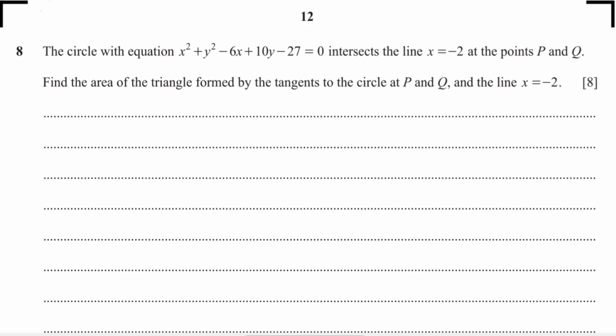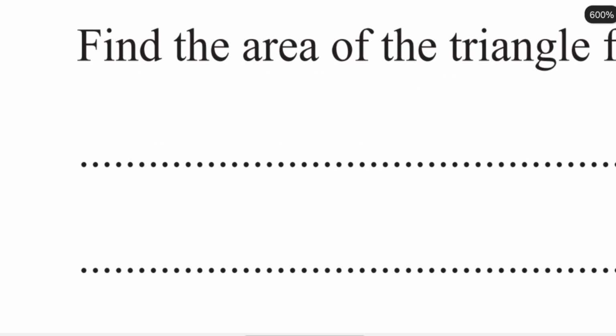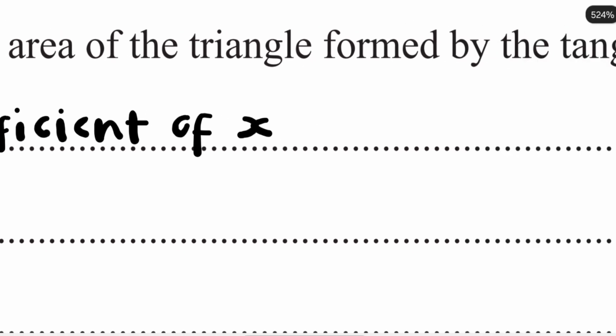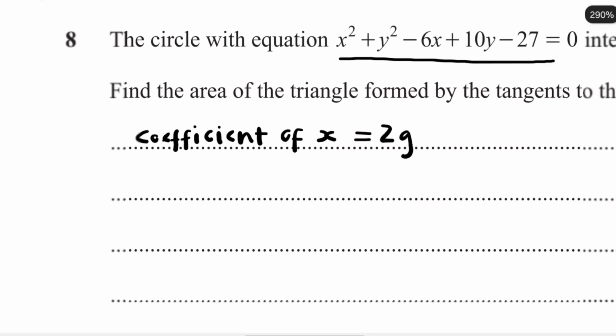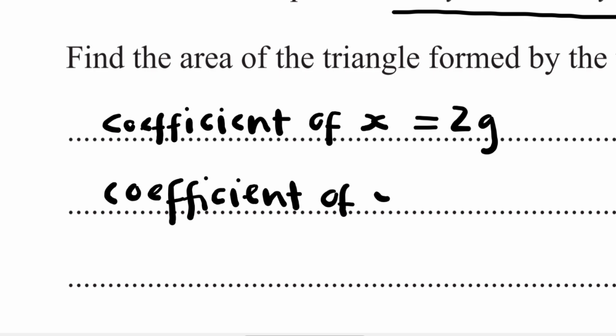So first we're going to try and get the center of this circle. Then after that we are going to try and make a sketch. Right? And we know that if we're given the equation of a circle in this form, the coefficient of x is 2g, and the coefficient of y is 2f.